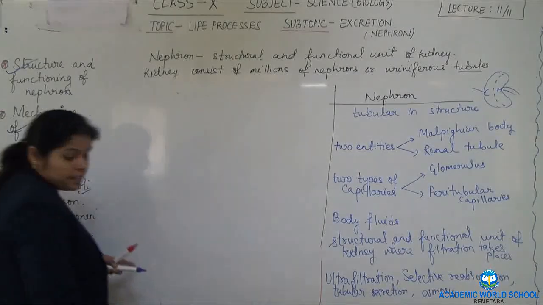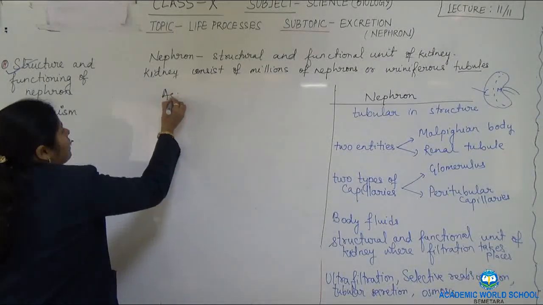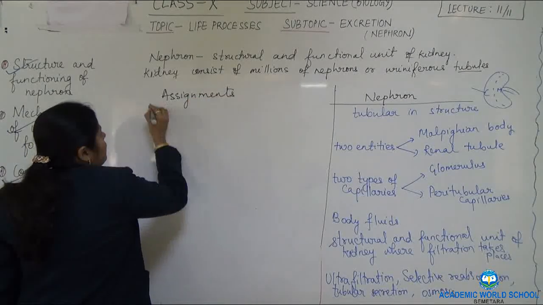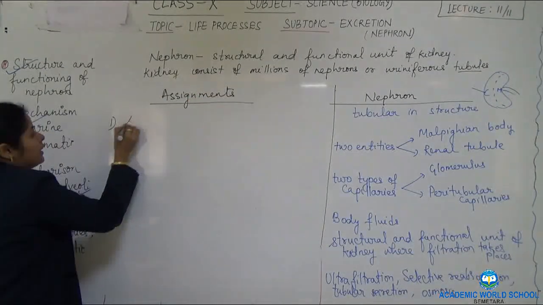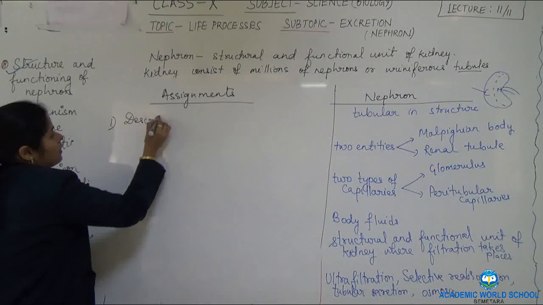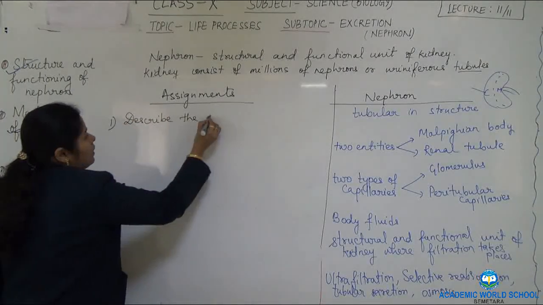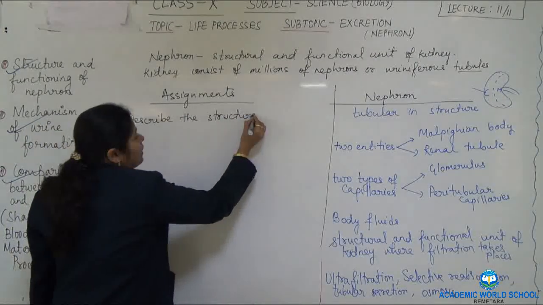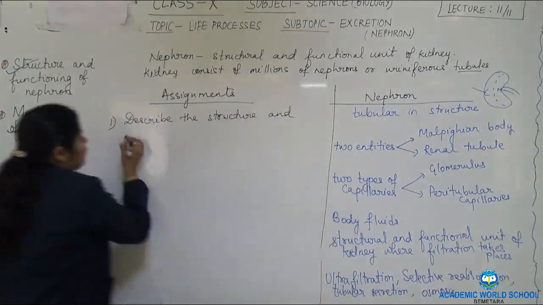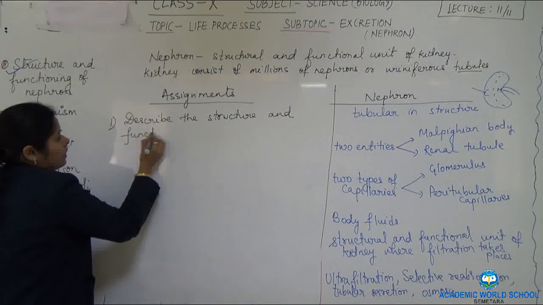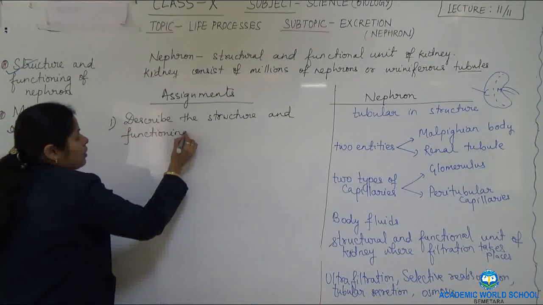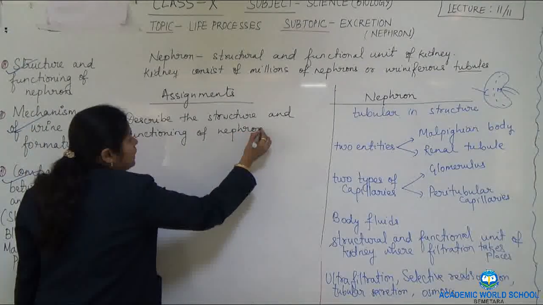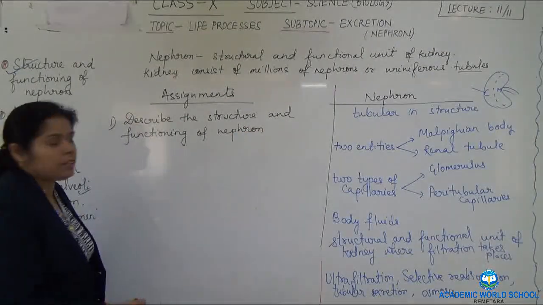Write down the assignments. The assignments are number 1, describe the structure and functioning of nephron. You will write down the structure and you will mention the individual function of each and every part.